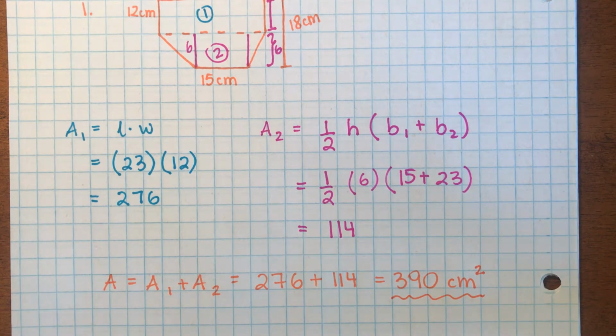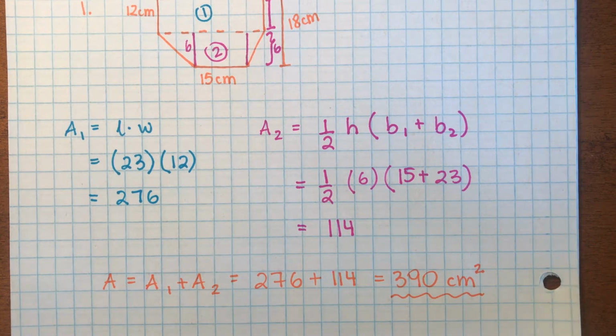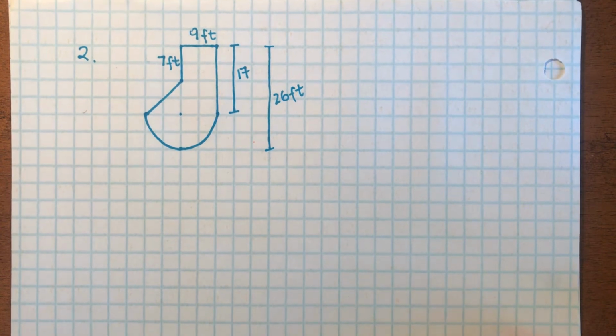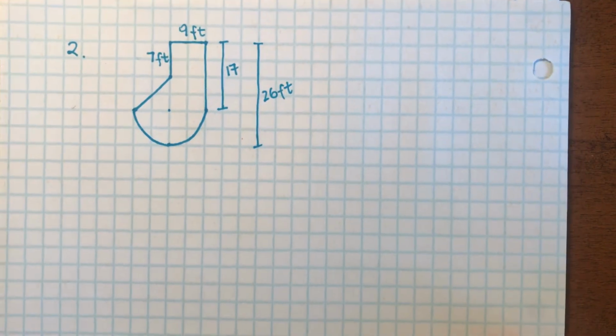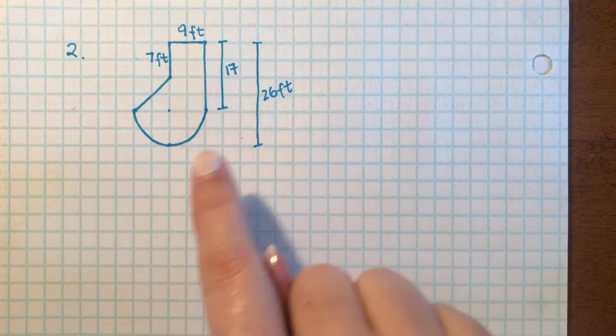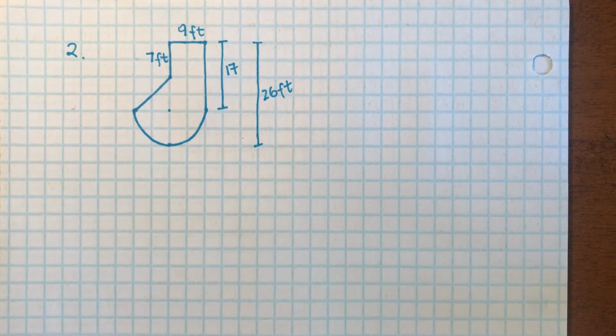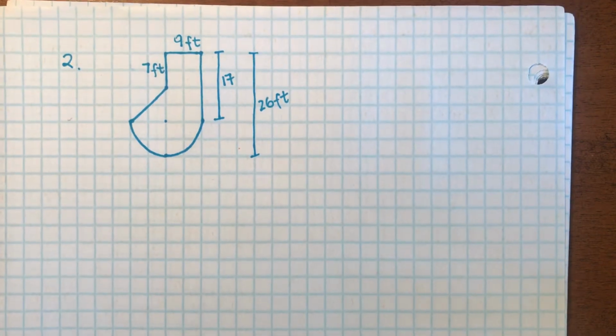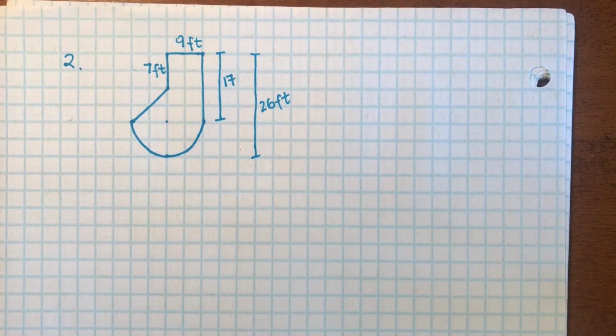So that's number 1. Now, let's take a look at a second example. So here is your second composite figure. Again, if you look at this figure, it doesn't really look like any figure that we know, but you can split this figure into smaller regions, as many regions as you want.